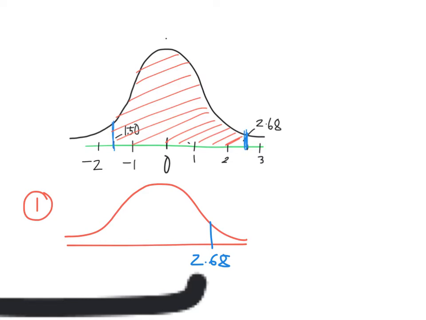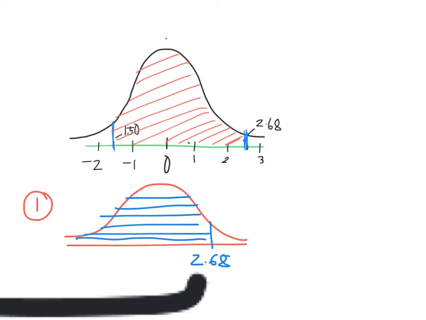The first thing that you can do is get the whole area. And to get this area, that means you have to find the area to the left of 2.68. And then after that, you find this small part here, and this area is the area to the left of negative 1.5.